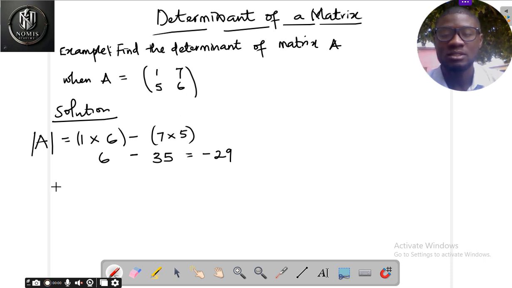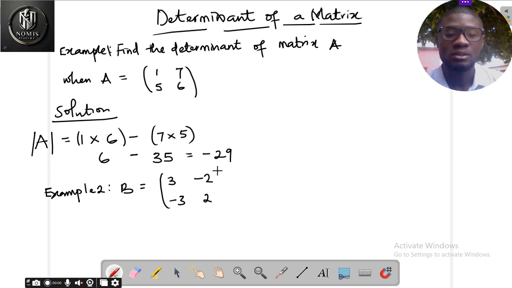Now let's take example number 2. Let's find another way that matrix can be changed. So let's take matrix B to be 3, minus 2, minus 3 and 2.